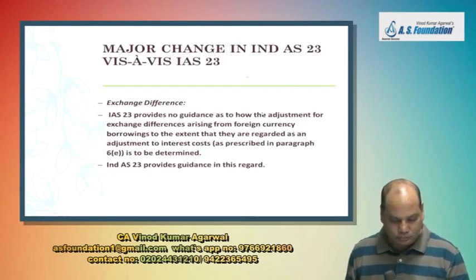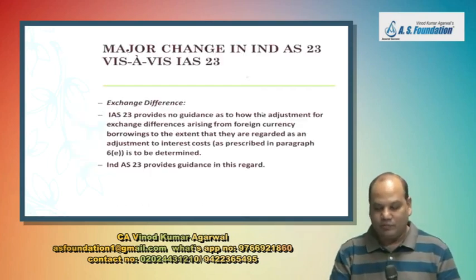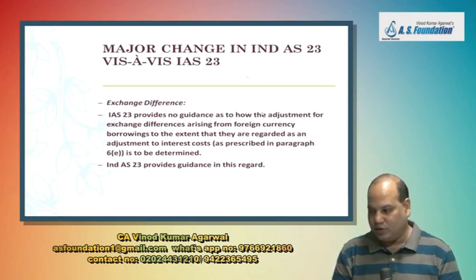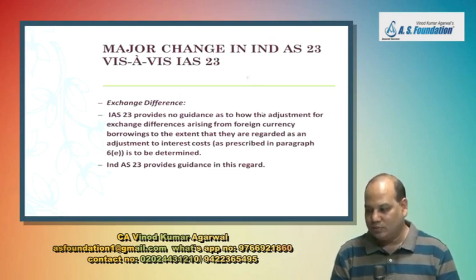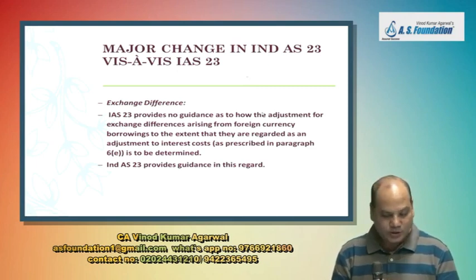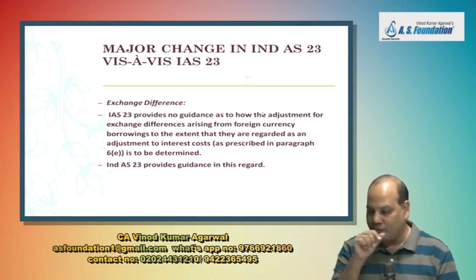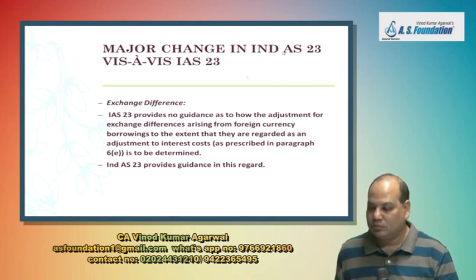Okay. Now next, para 13. Major change in Ind AS 23 vis-a-vis IAS 23. Actually speaking, there is no major difference as such. Only in Ind AS 23 there is one additional paragraph as to how to give the effect of exchange difference.